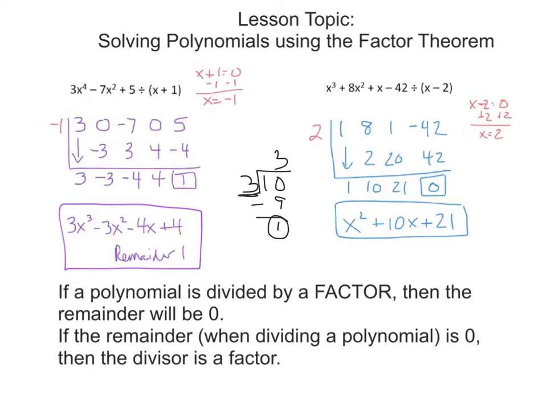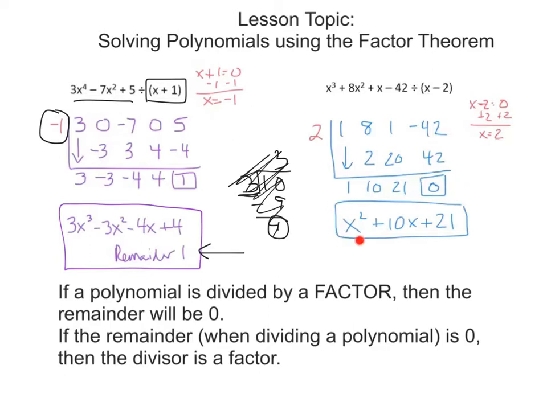So what that tells us is, if we have a remainder right here, that tells us that x plus 1 right here is not a factor of this polynomial. So if we were to factor this polynomial, we would not get x plus 1 as one of our factors. But over here, our remainder is 0.